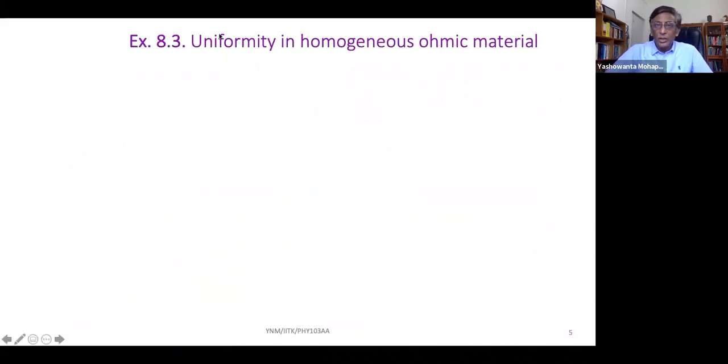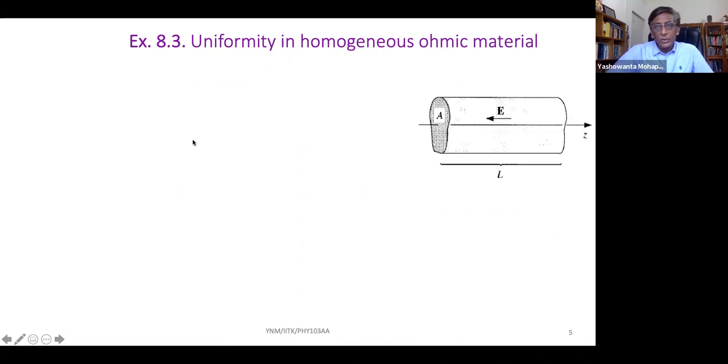So we'll worry about this uniformity in a homogeneous ohmic material. Let's take the same example of that conductor, though I'm making a broader point, and ask for a steady current and uniform conductivity.